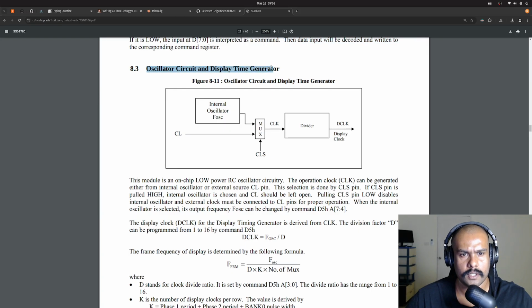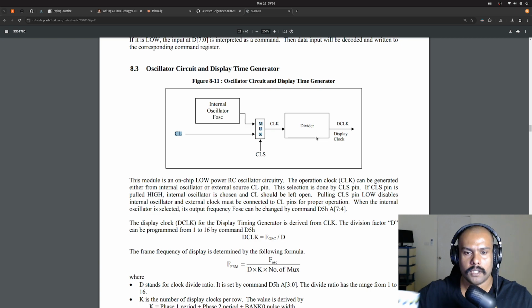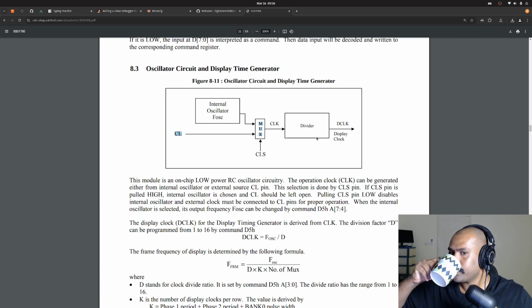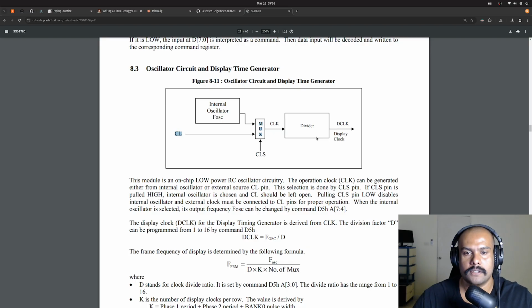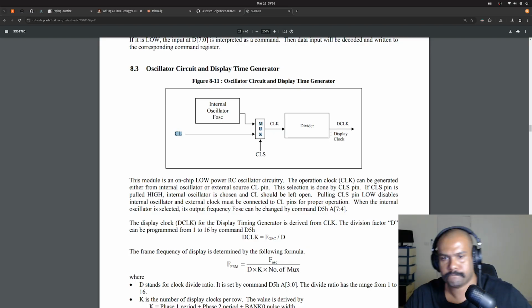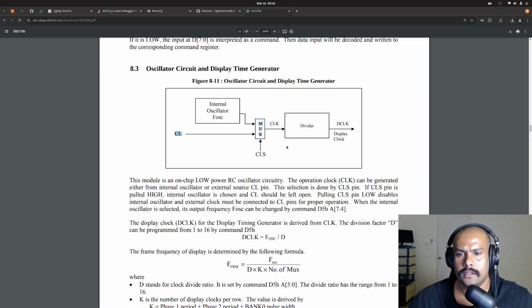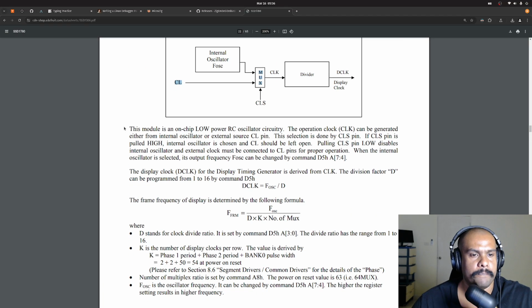Oscillator circuit and display time generator. Internal oscillator. Mux. Divider DCLK display clock.